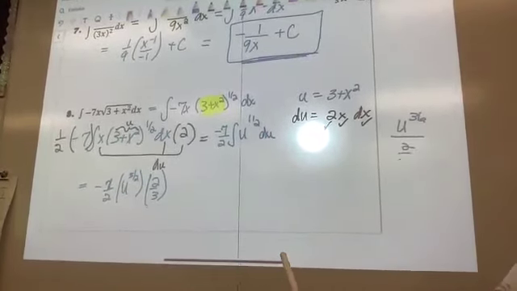Almost done. I need to get rid of that fractional power. Is it square root or cube root? Square root of the quantity 3 plus x squared cubed, all over 3 plus c. Did I make any stupid mistakes? All right. Boom.